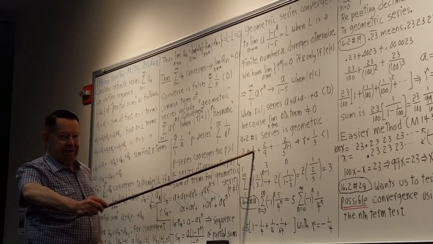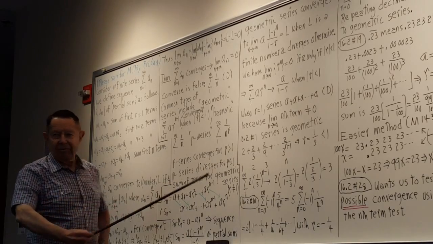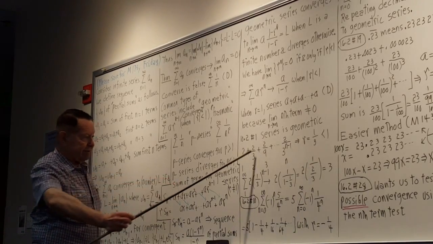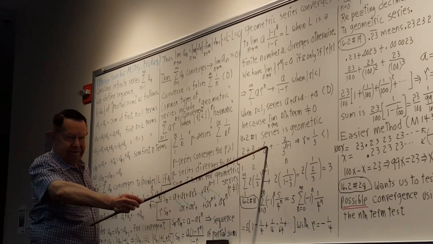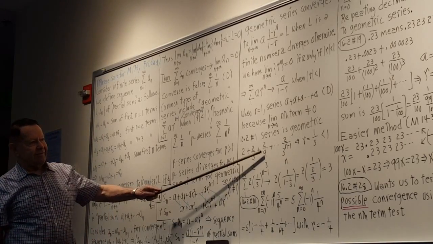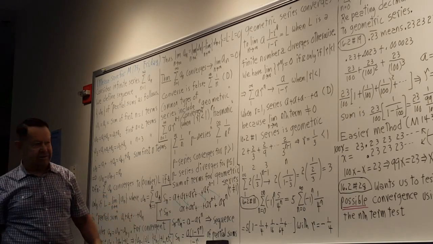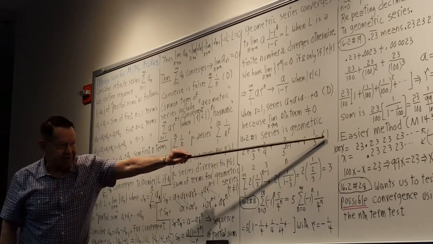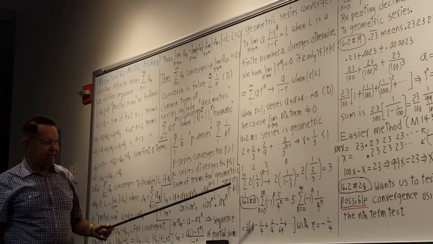So your common ratio is 1/3. There are two ways you can see that. Take a term, multiply by 1/3, you get the next one. Take this times 1/3, you get the next one, and so on. Or take a term and divide by the one immediately to the left, and your quotient is the common ratio. Okay, that's less than 1 in magnitude, so it's convergent.